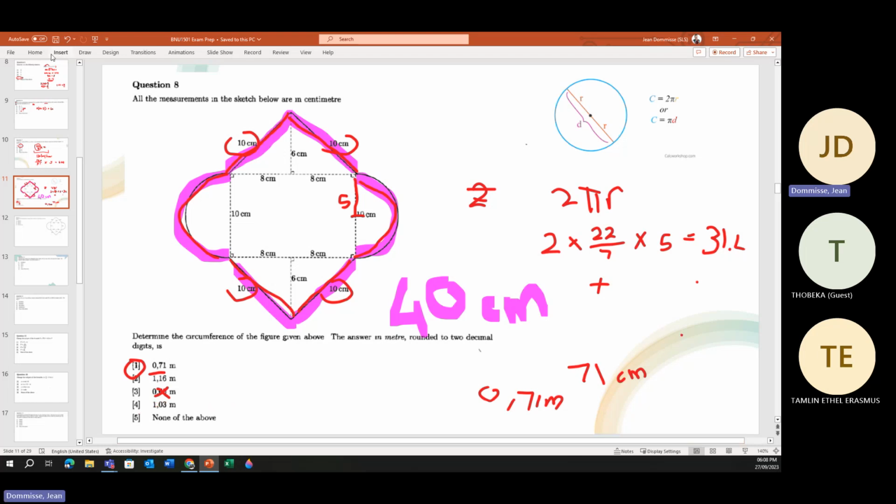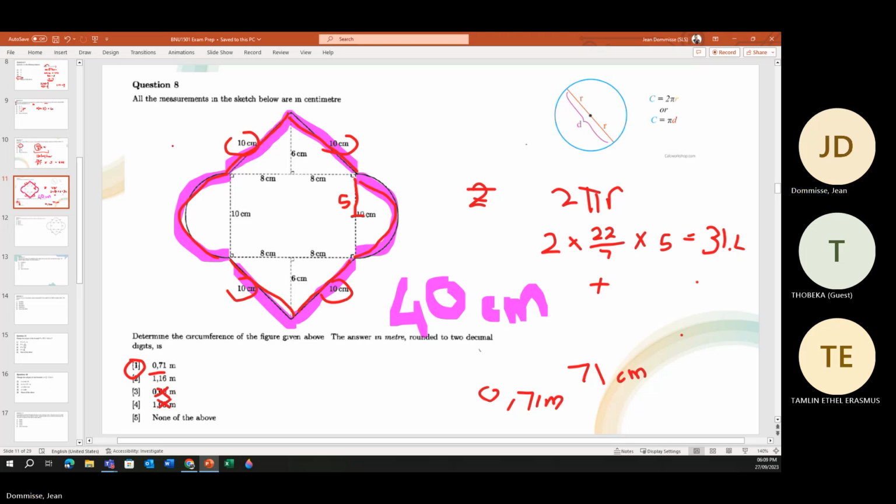Okay, let me just quickly save. We would have gotten 103 as an option as well. So you must just be very careful, especially with this one, where it was 2 half circles, that we don't use the full circle twice, because then we will get one of the other options.